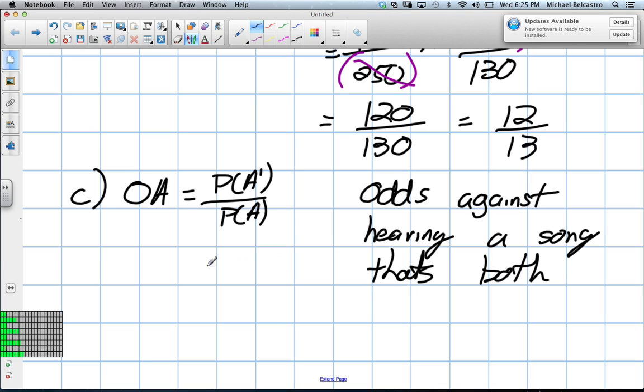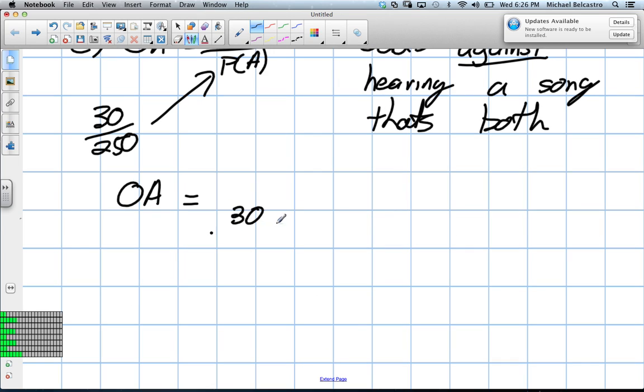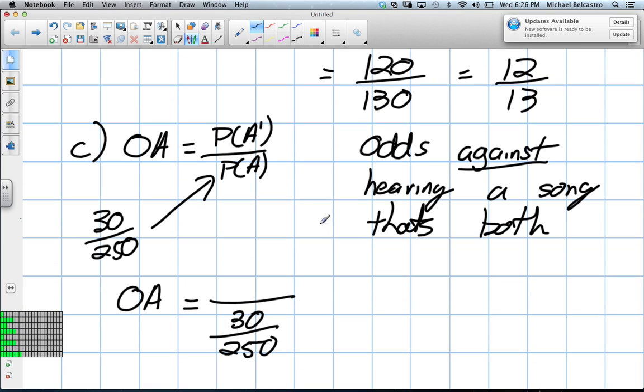Okay. Odds against hearing a song that's both. Well, we know there were 30 songs that were both and a total of 250 songs. The odds of hearing a song that is both, so not against, the opposite of that, would be considered our P(A). So that's 30 divided by 250. That's our P(A). But the odds of that event not happening are what? 220 to 250. That's right. We take the 250 and subtract 30. That gives us all the other possibilities out of a whole of 250.